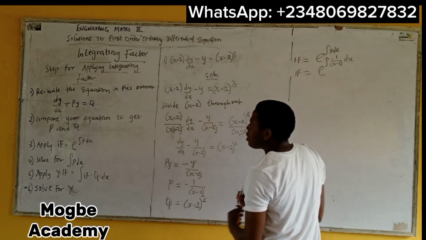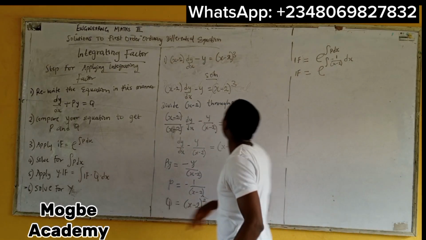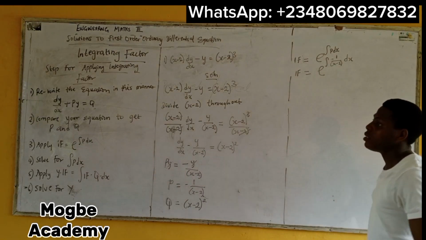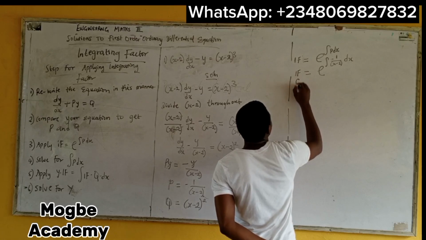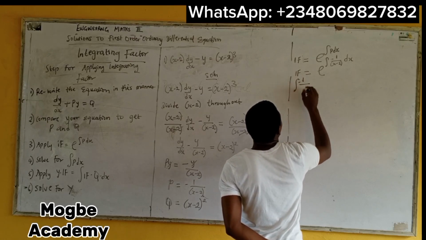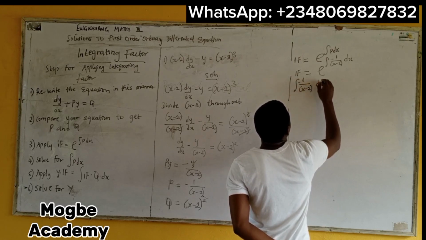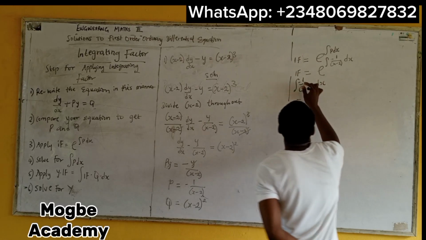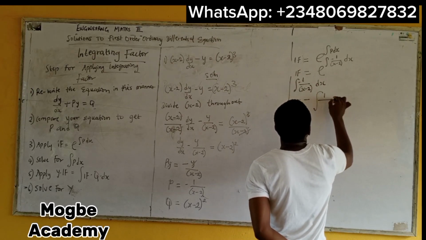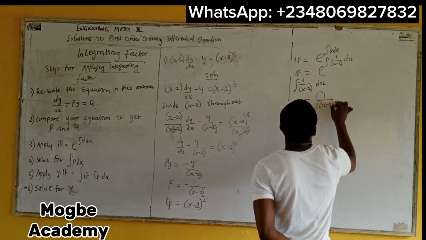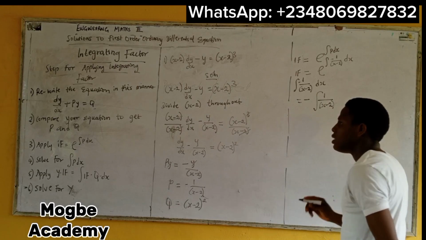The next thing is to solve for this power here. We are going to solve for this power separately, then substitute it back. We have integral of minus 1 divided by x minus 2 dx. This is equal to, taking this minus outside, minus integral of 1 divided by x minus 2. But we know that the integral of 1 over anything is ln.